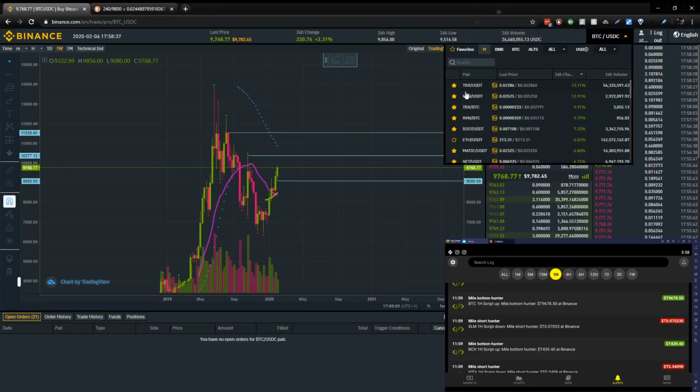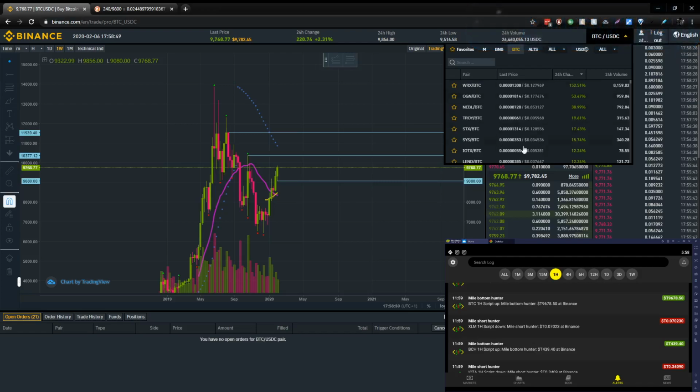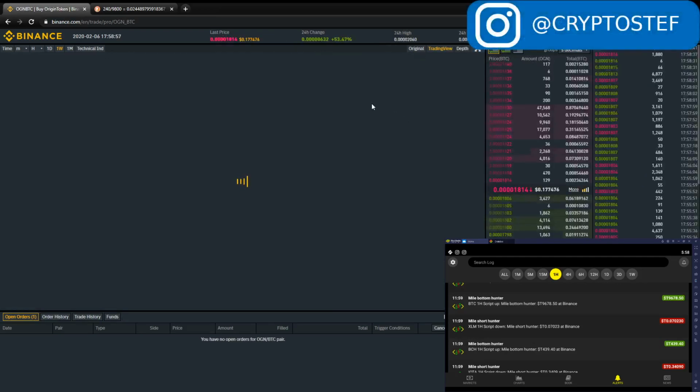Currently you want to buy TRX, Raven, BTC, IOST, Matic. So there are so many coins to buy, and on the BTC pairs, like look, 150% gain. Some coin OGN. Let's see this coin OGN.